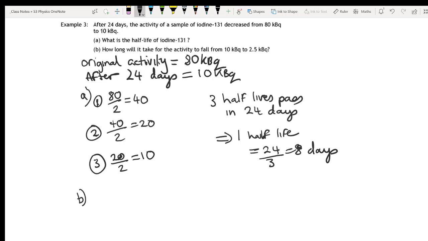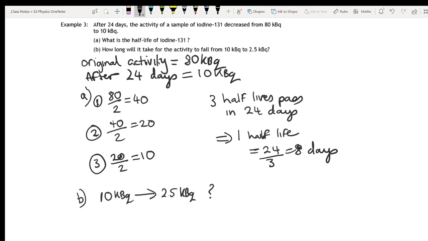And by all means, have a stab at part B. It's all about dividing by 2, over and over again. For part B, you want to find how many times you're halving 10 to get to 2.5.